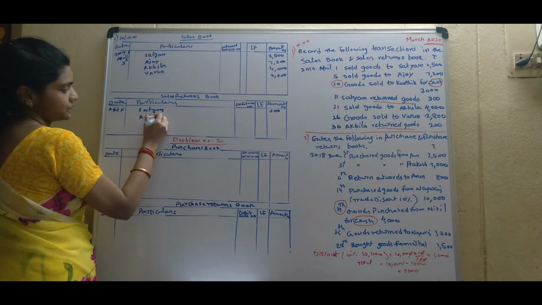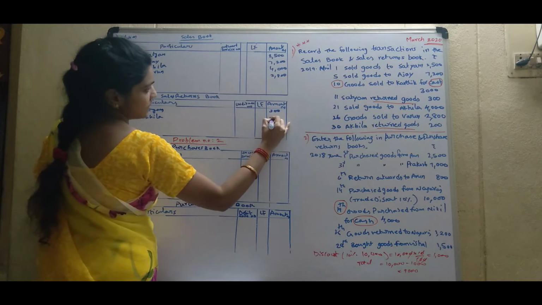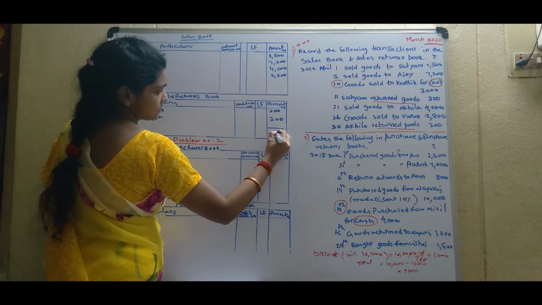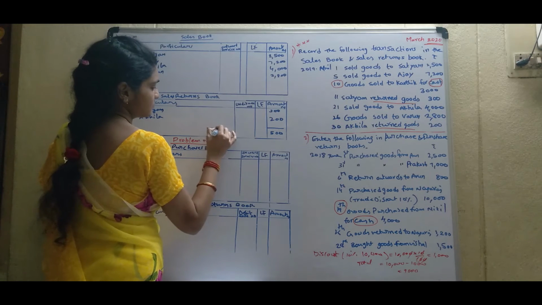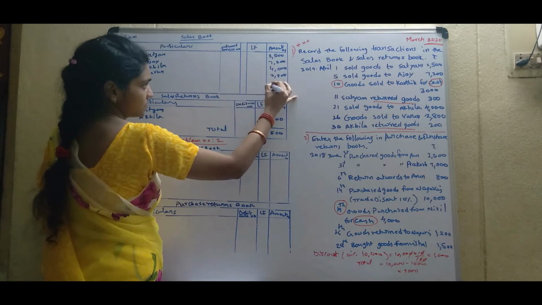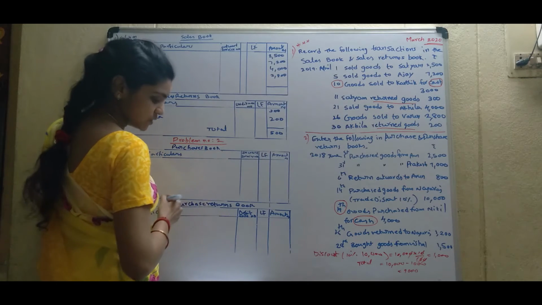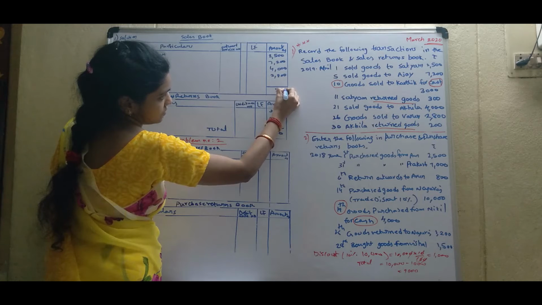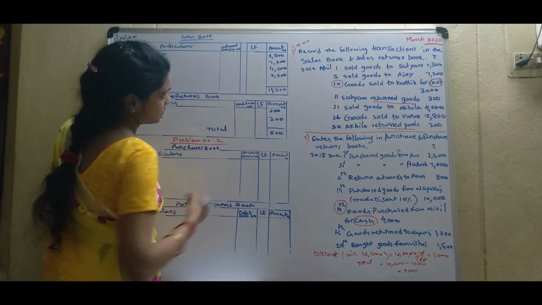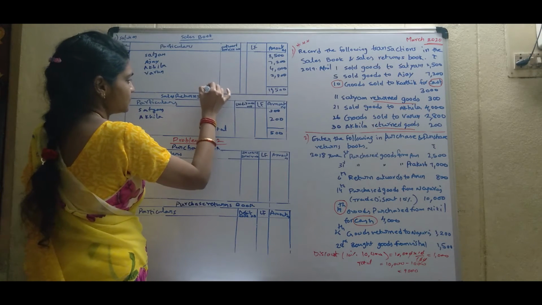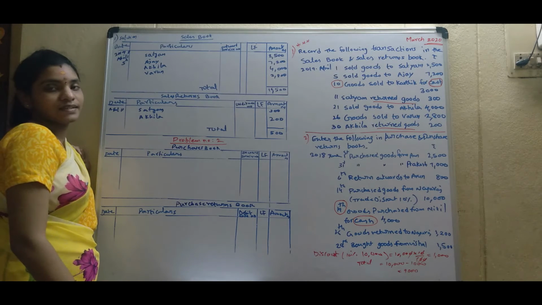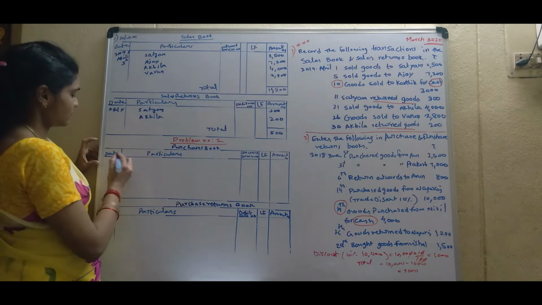Akila 200. Now total is 500. Okay, total. Now are you able to see sales and sales returns?